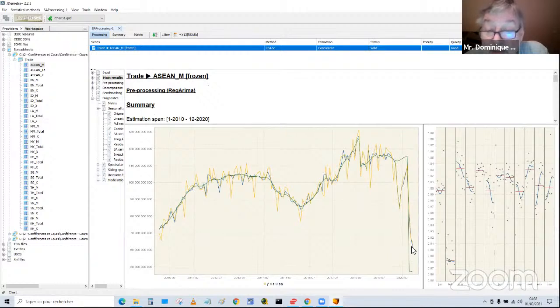I mean, okay, the seasonally adjusted data is still close to the series, but you can see that here your trend estimation is completely insane. It does not make sense. So we will see if we can do something different later, okay? It's a bit complex, so we will see that in the second part of the morning, okay?